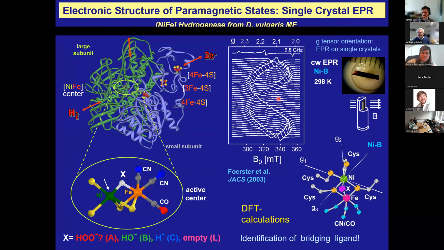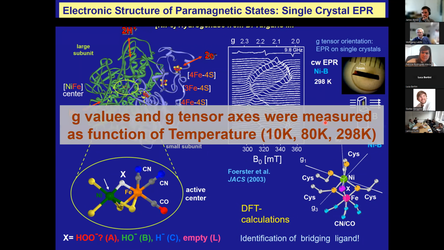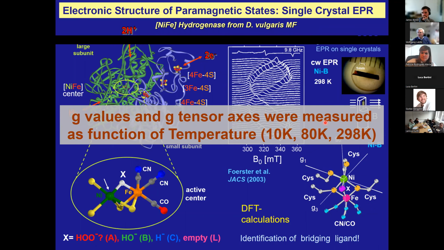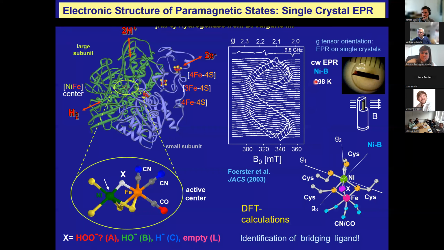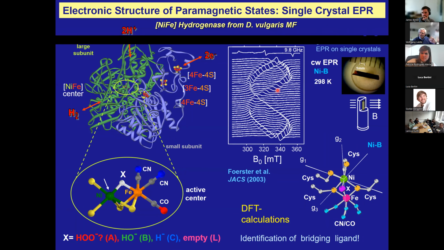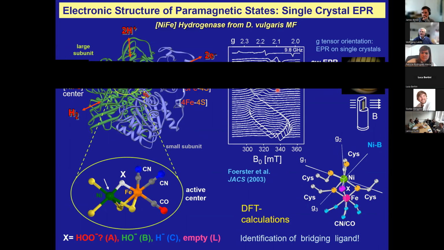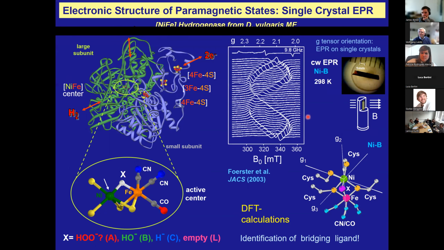This is room temperature work at 280 Kelvin. And we did that at 10 Kelvin, at 80 Kelvin, just by freezing the crystal in the right way. And you can measure the dynamics. And at room temperature, you can manipulate the crystals. You can add gas, or you can do catalytic things with them. Nobody has done that so far. But in principle, this is all possible and should be exploited, I believe.